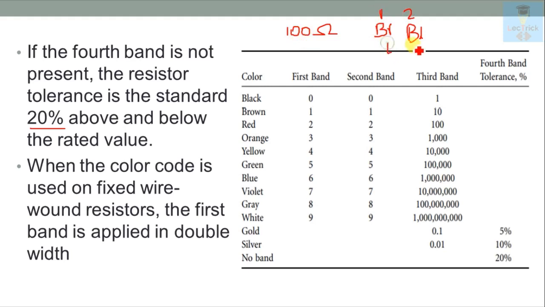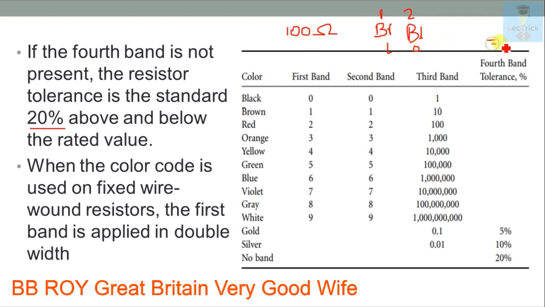So 1 and 0 gives 10. The third band is the multiplier; if I multiply by 10, then you will get 100. So the third band is brown, which is also 10, and 10 into 10 is 100. So in order to get a 100 ohm resistor, you need the color code brown, black and brown.